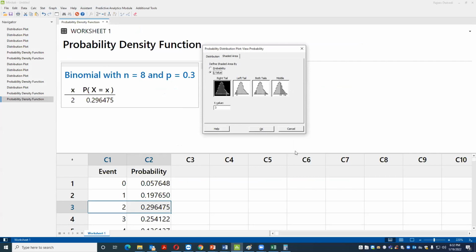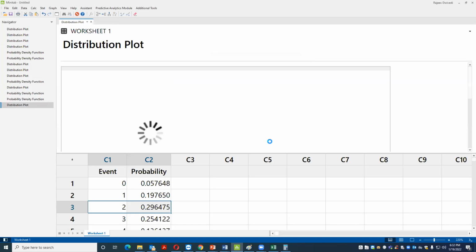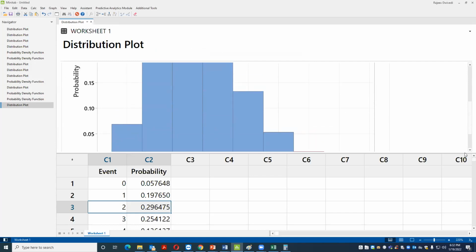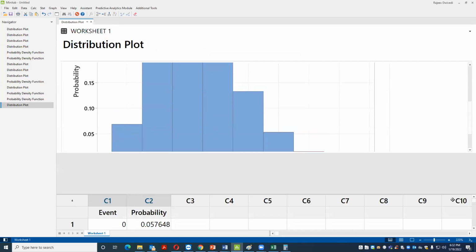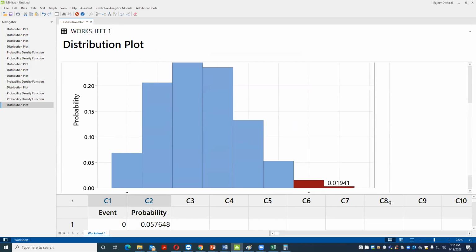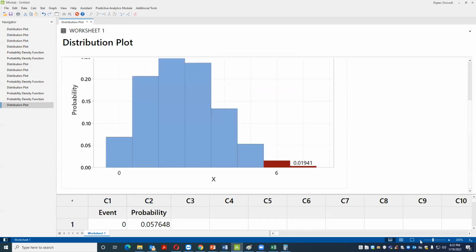Here this visualization works very clearly. Let me make it smaller.